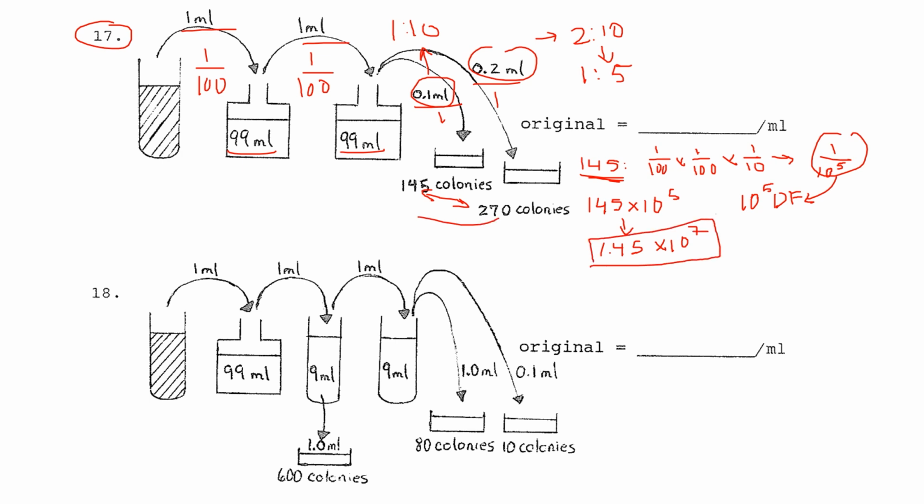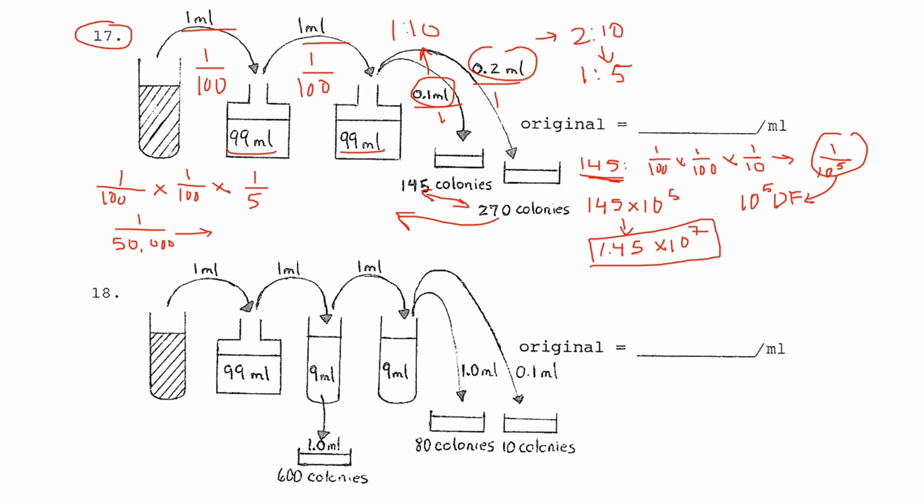For our 270 colony plate, it was almost identical, so we still did the 1 over 100 times 1 over 100, except this time we didn't do a 1 over 10 for that plate, we did a 1 over 5, right? And so what happens is you have a 1 over 50,000 dilution, right?